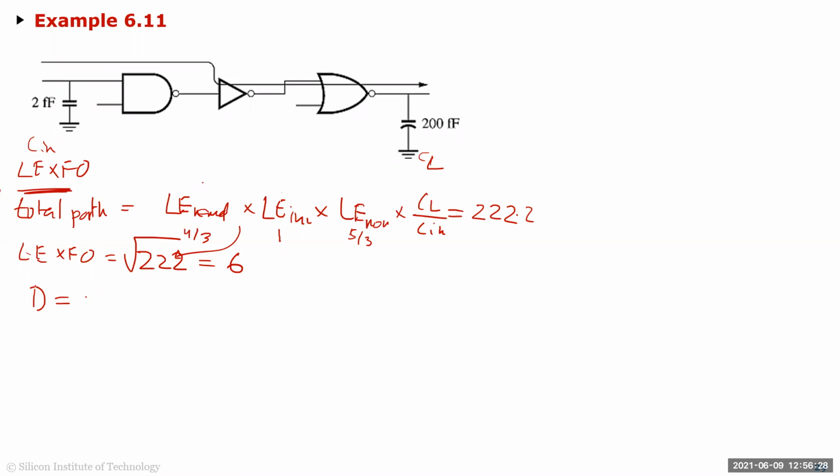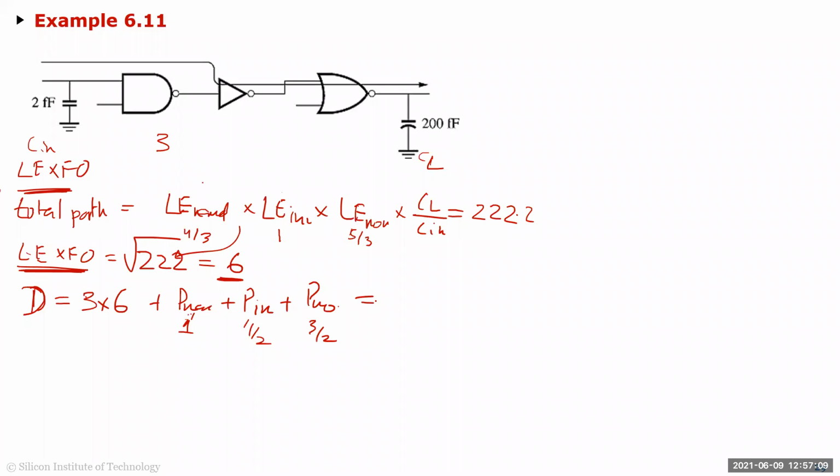The whole idea of normalizing this is that now I can find the total delay as this logical effort times the number of stages, because I've already equated them. The number of stages is 3 here. So I can do 3 times 6 plus all the parasitic elements: P NAND plus P inverter plus P NOR, which are gamma over tau of the inverter: for the NAND it's 1, this is half, and this is 3/2.